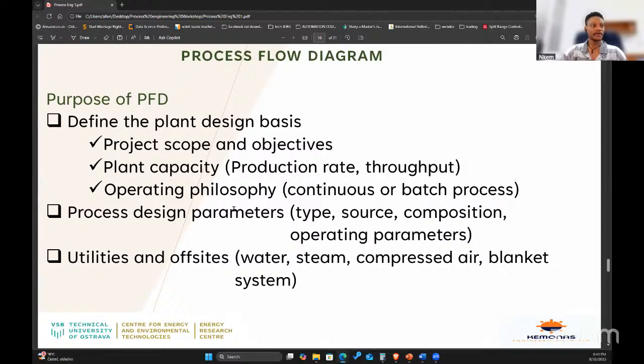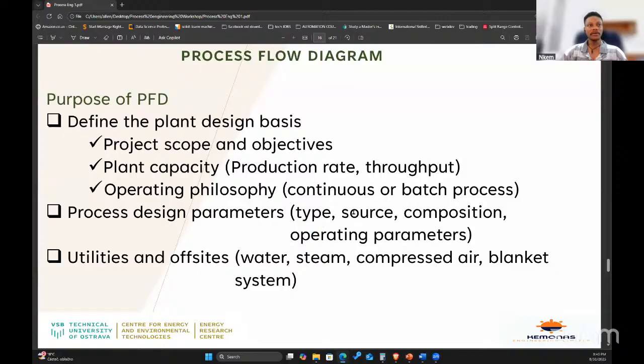So now also the design parameters, the source, the composition, the feedstock. What will be the feedstock? If it's petroleum products you want to produce, then you define the feedstock, which is going to be crude oil, or if it's going to be butane or propane or ethane or methane or natural gas mixtures, all will be defined here in the PFD.